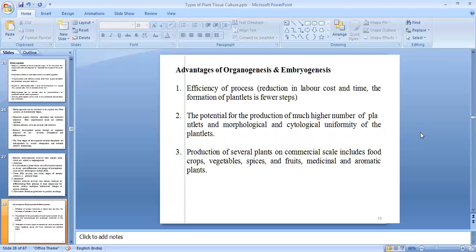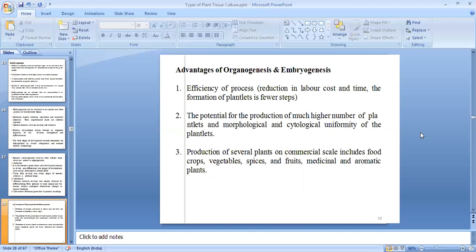And next one, it is highly potential for the production of plants in much higher number, and cytological and morphological uniformity can be maintained in the production of plantlets.